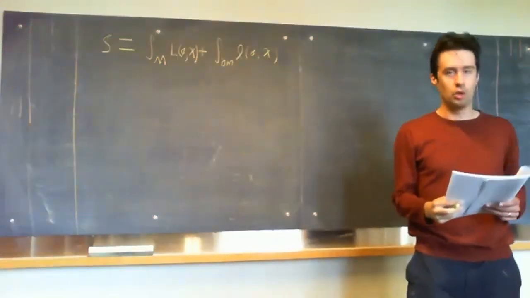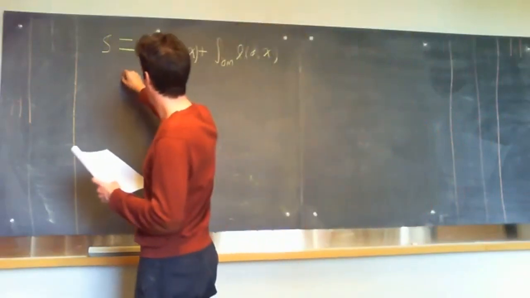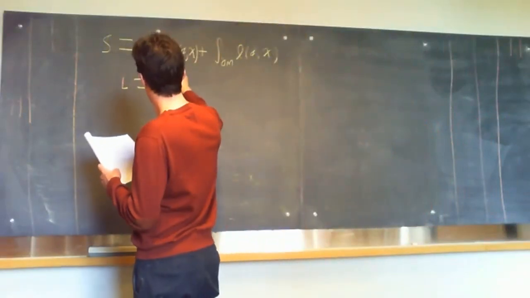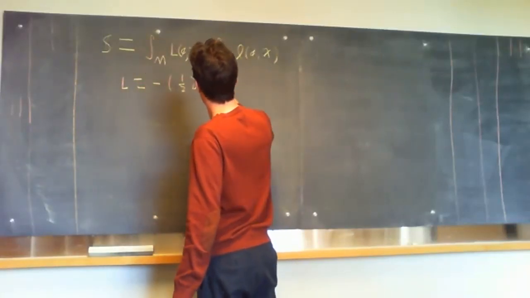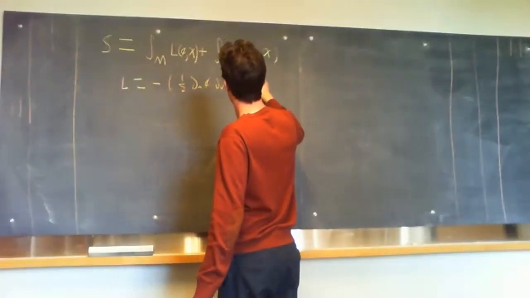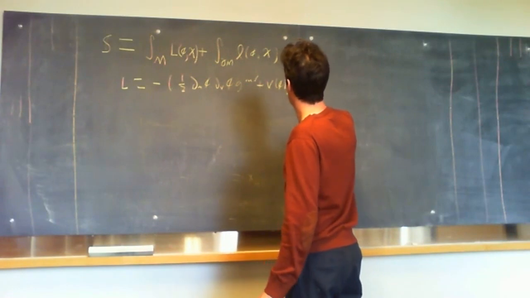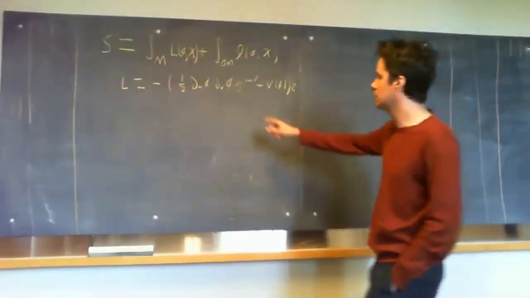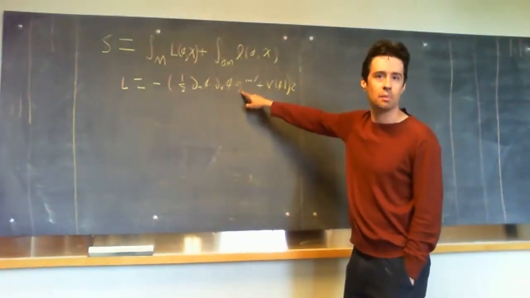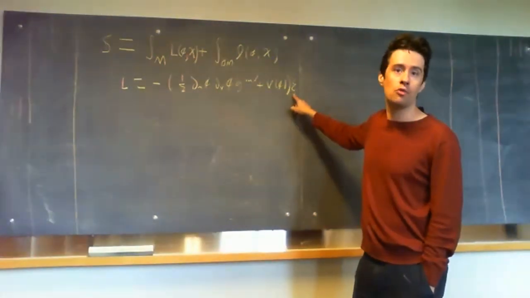So, for example, for a scalar field theory, we could have that L is minus 1/2 d mu phi d nu phi g mu nu plus V of phi times epsilon, where phi is the dynamical field, g is the background metric, which is not dynamical, and epsilon is the volume form, because L should be a D-form.